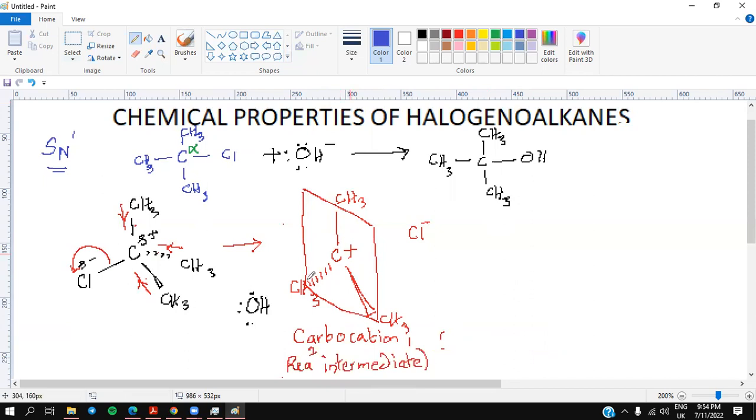Now, because this structure, the carbocation or the reaction intermediate, is flat, there's no steric hindrance. Steric hindrance means there's a problem with the space. Here there's no problem. This OH can easily donate its pair of electrons from here to that carbon atom. As it happens, you can see carbon, OH is going to get attached over here.